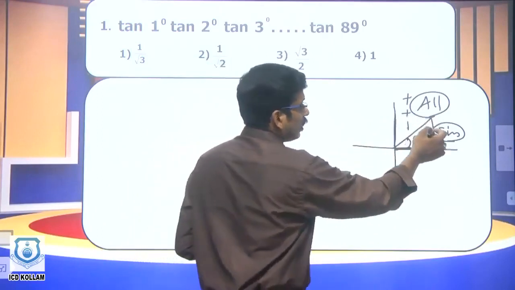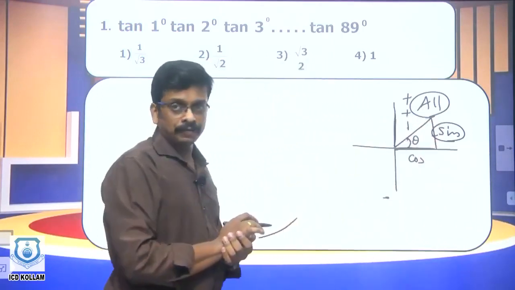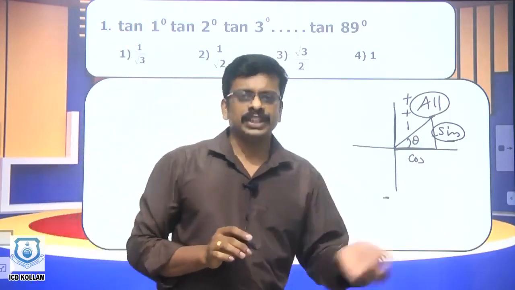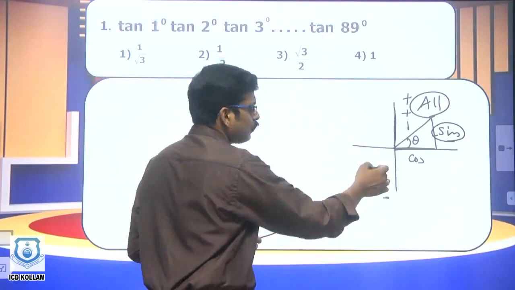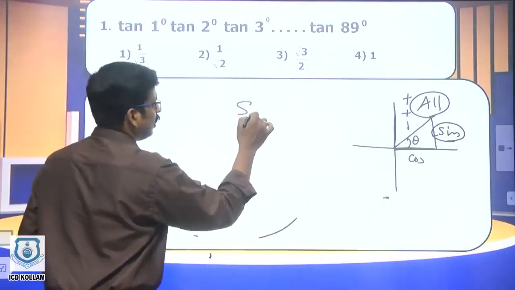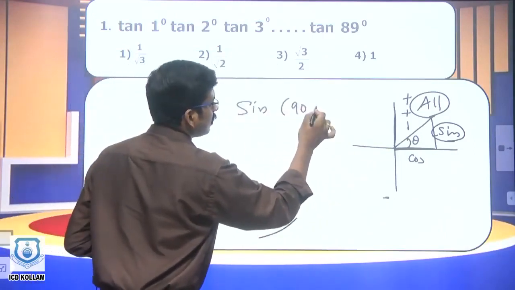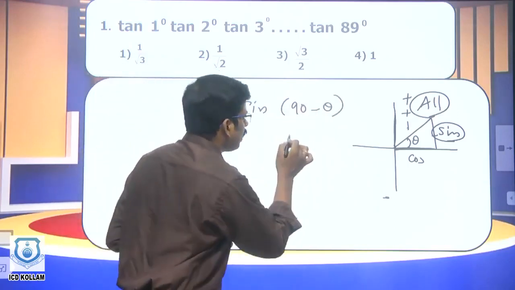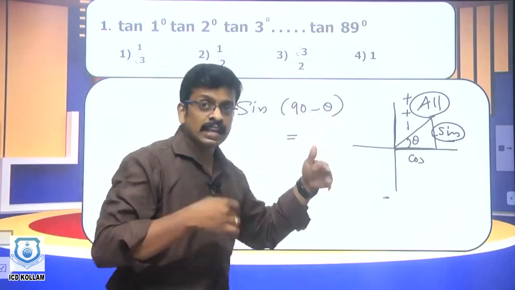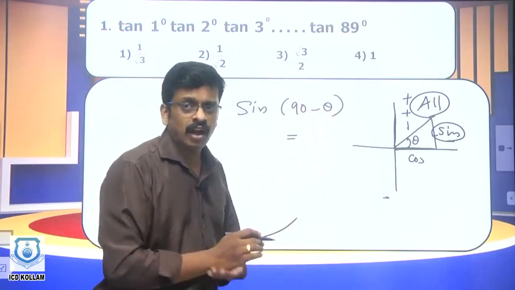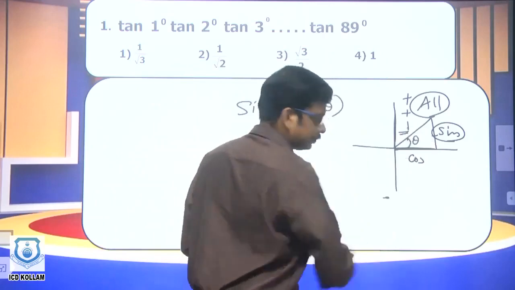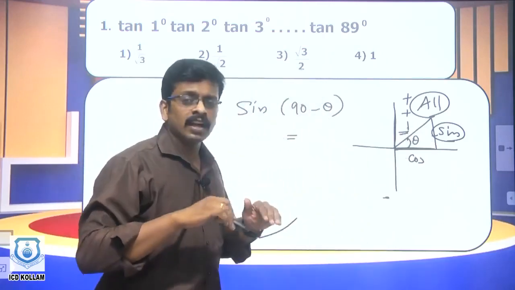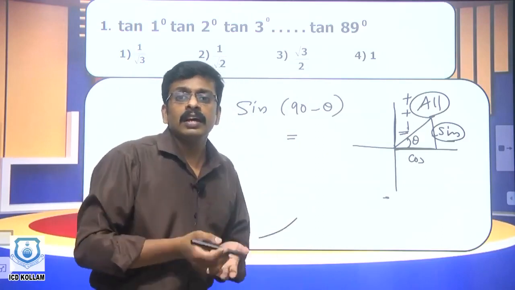So in the first quadrant all are positive, but some change happens according to the cofunction. Sine 90 minus theta, cos 90 minus theta, tan 90 minus theta are all in the first quadrant, but sine 90 plus theta and cos 90 plus theta are in the second quadrant.